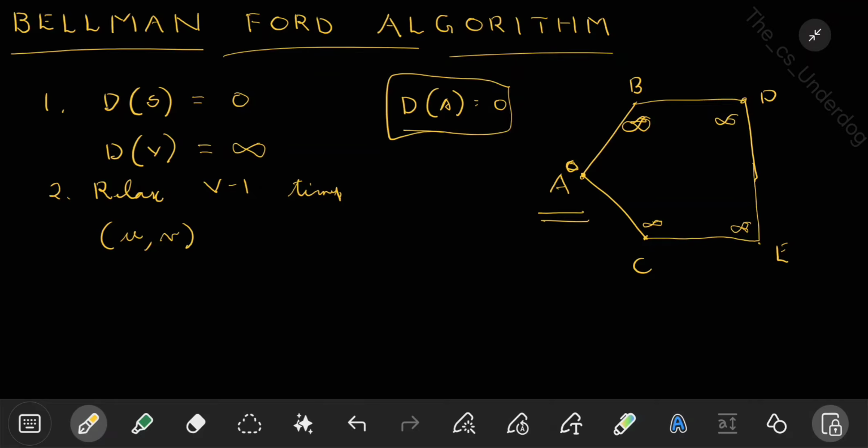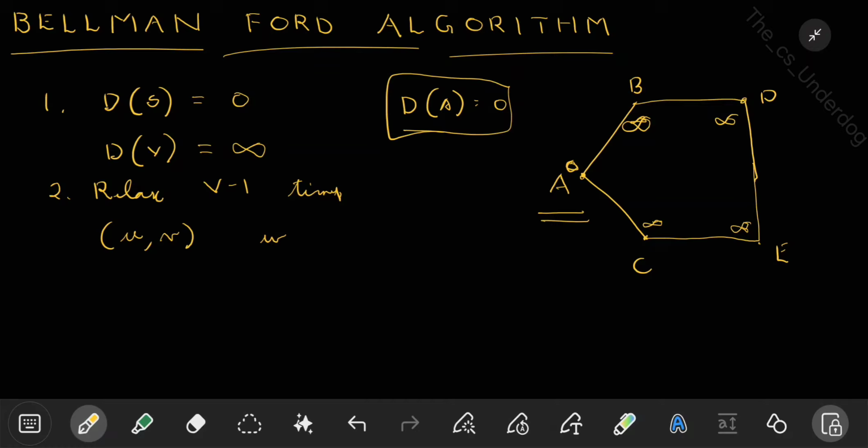I will pick every single edge in the graph uv, which is having a weight w. What will I do? I will update the distance to vertex v if a shorter path is found by including this particular edge. This is the logic. How will I see that? How will I see if this particular edge can be included in order to find a shortest path to v?